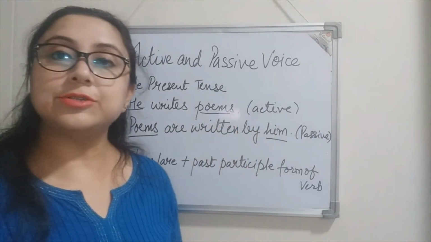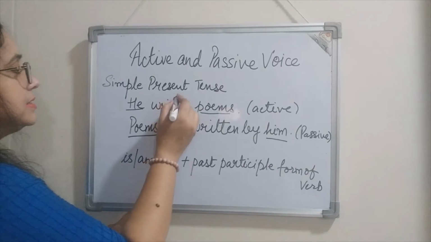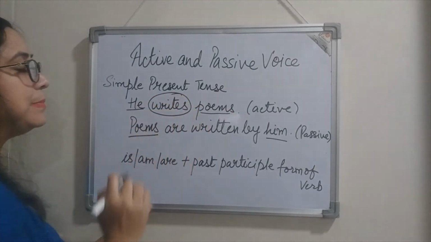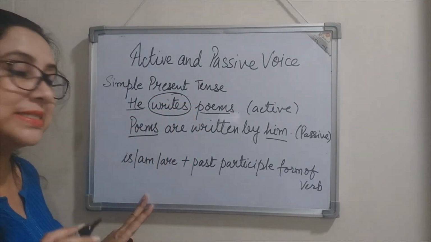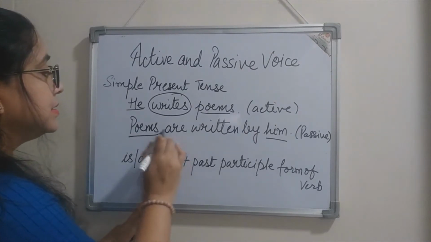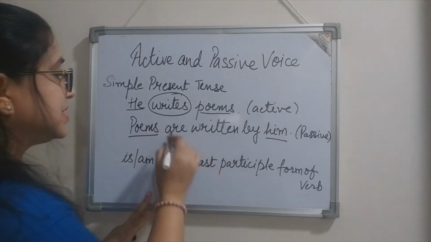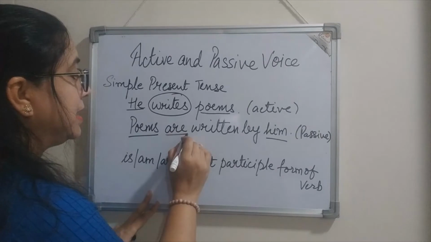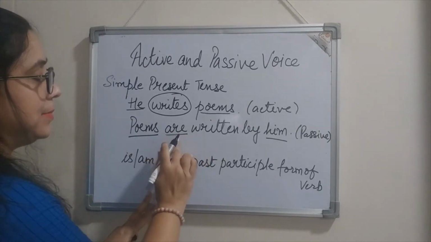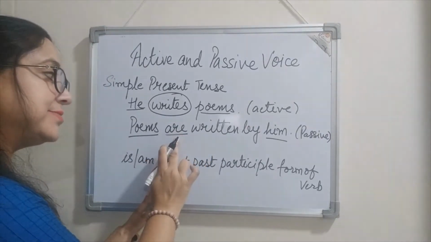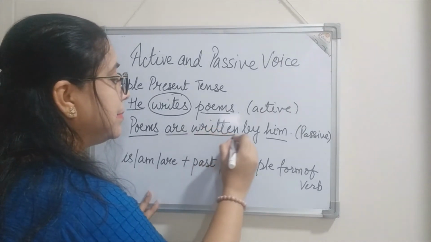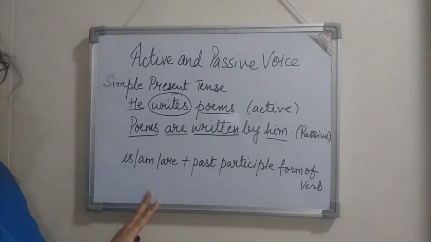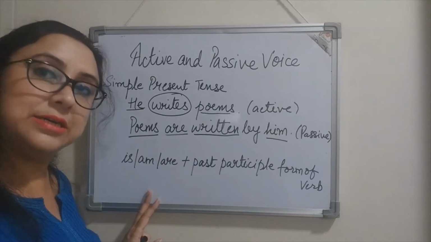Now let us focus on the tense form. Here the verb is in simple present tense. So in such cases, when we change it into passive voice, the helping verb gets added in present form, and the past participle form of the verb, that is the third form of the verb.